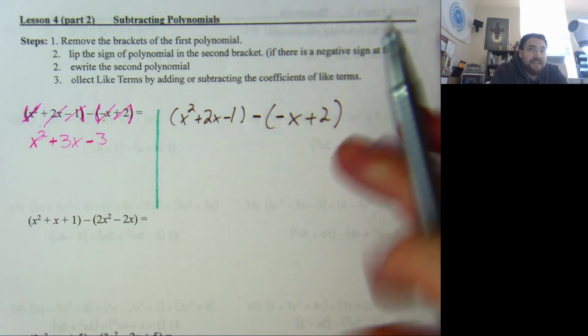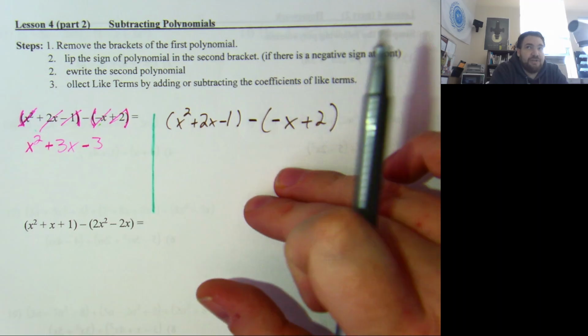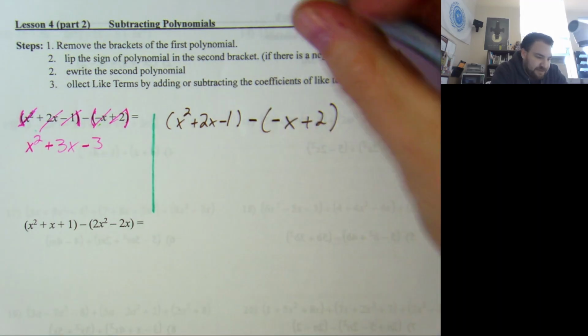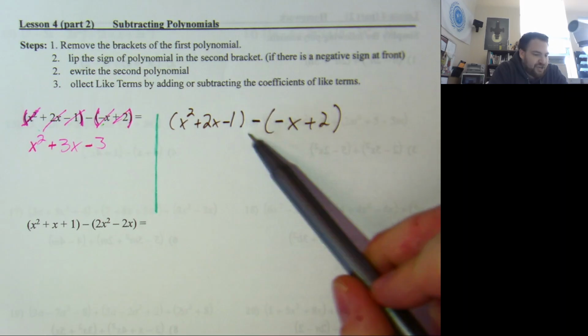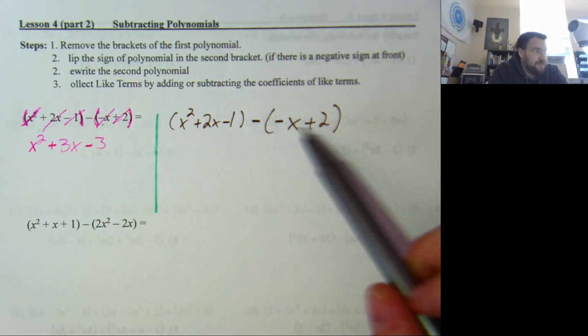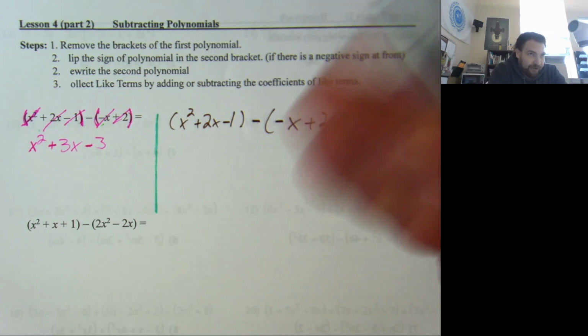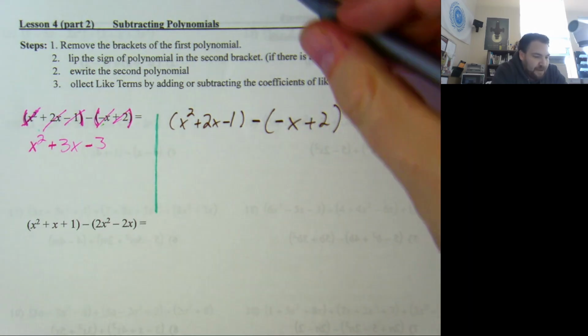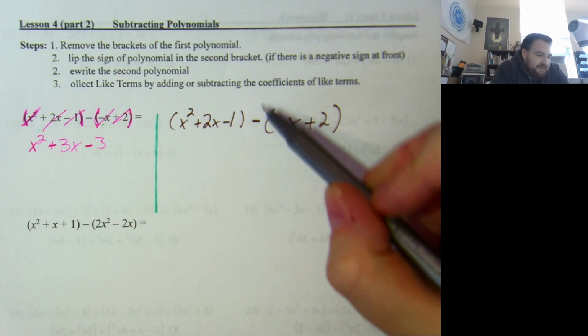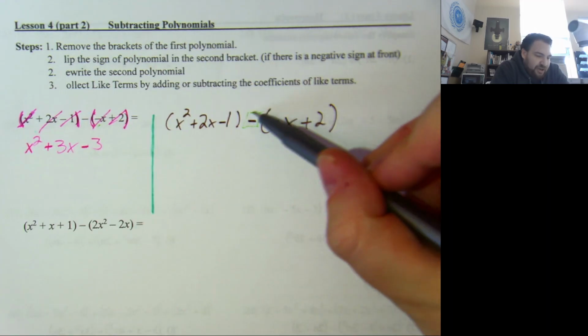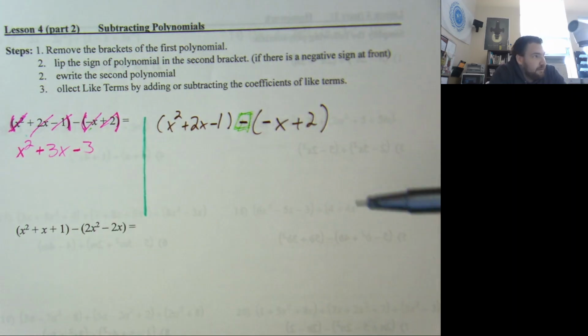What I'm going to do in this particular method, and this is the method I want you to use, is deal with the subtraction of both of these two objects right away, and then group later. Here's what I mean. This subtraction, I'm going to treat like a -1, because that's effectively what it is here.